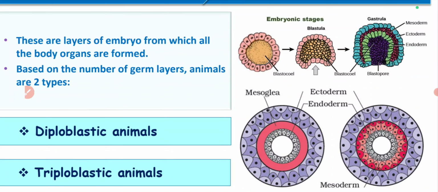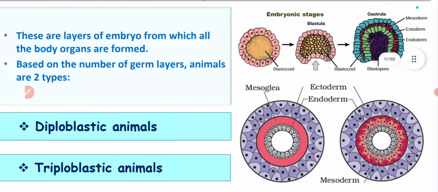For example, in the embryo of a human, many cells group together and form different body organs. Some cells differentiate into our brain, some develop into our heart, some into our muscles. These are called germ layers or germinal layers.